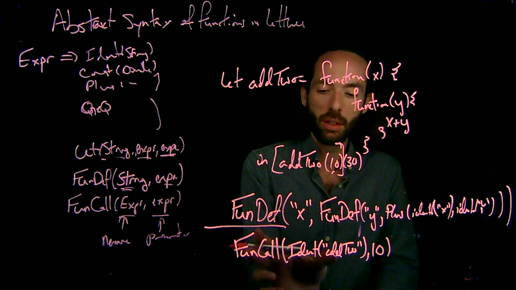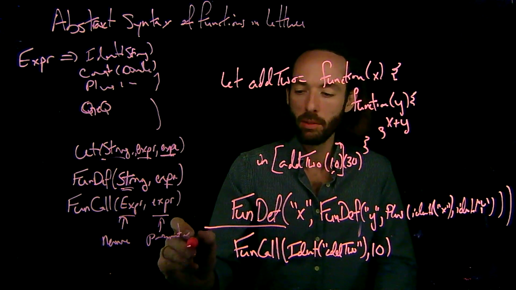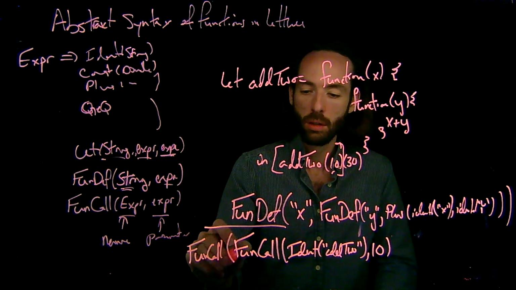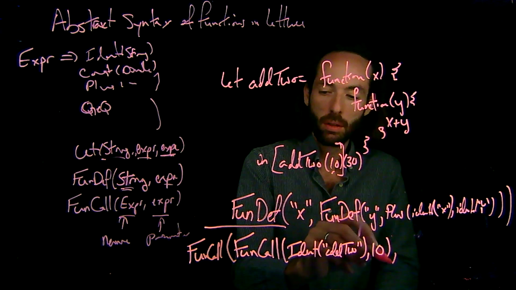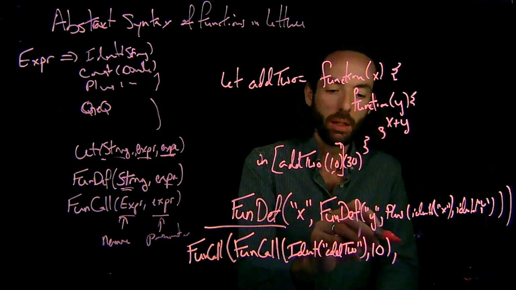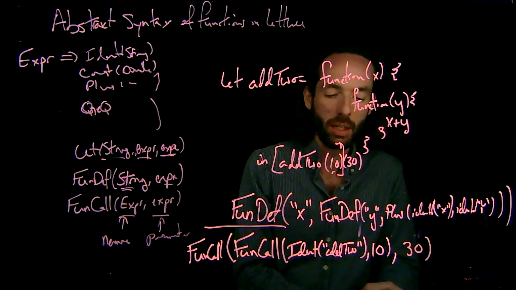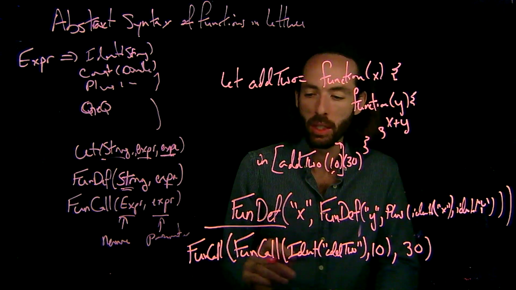And this is going to return a function, which will be the first aspect of fun call. And then we'll comma, and we'll have fun call of 30. Right, these should be consts of 10 and consts of 30, but you get what I mean.